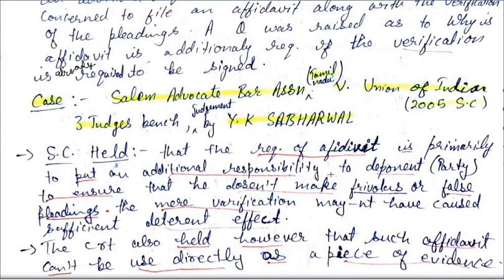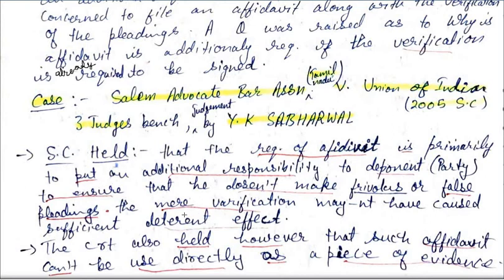So put an additional responsibility upon the deponent, ब्रैकेट में पार्टी लिख लो, to ensure that he does not make frivolous or false pleadings.